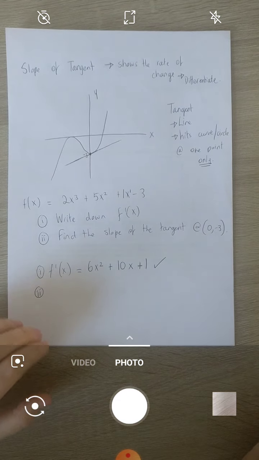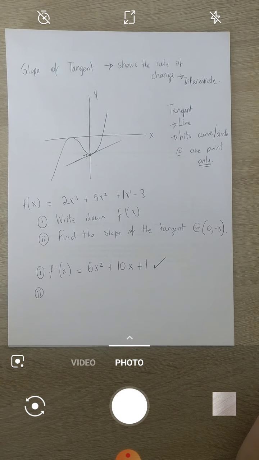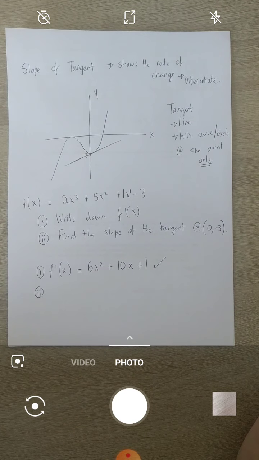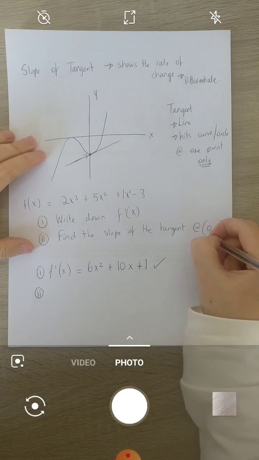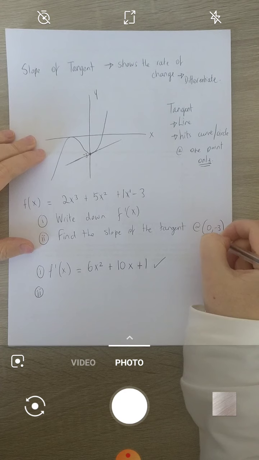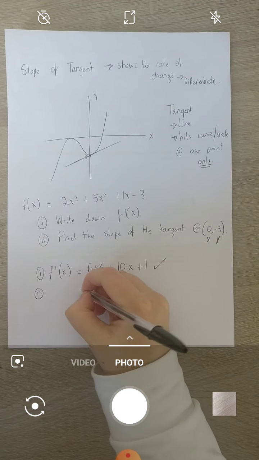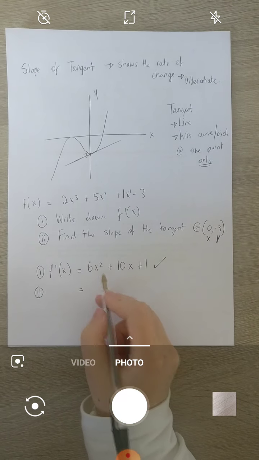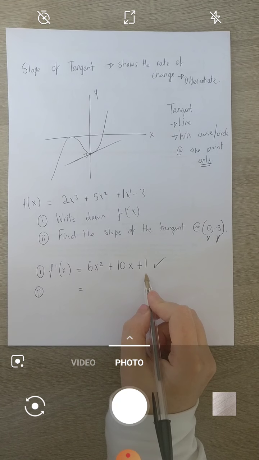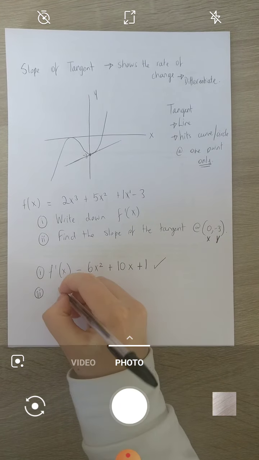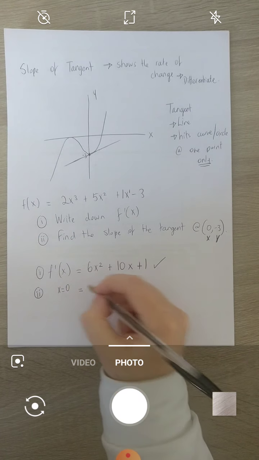Part 2 says find the slope of the tangent at (0, -3). So what you do for the slope of the tangent at this point, which is an xy coordinate, is sub in the x value to the derivative. So the x value here is x equals 0.